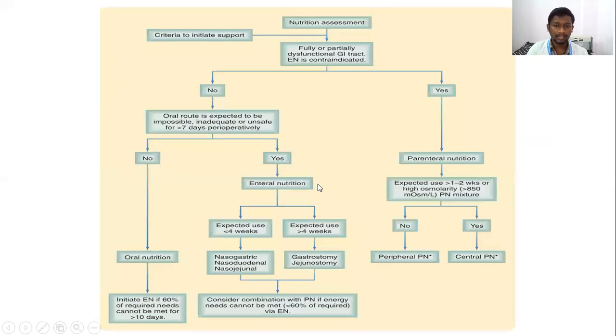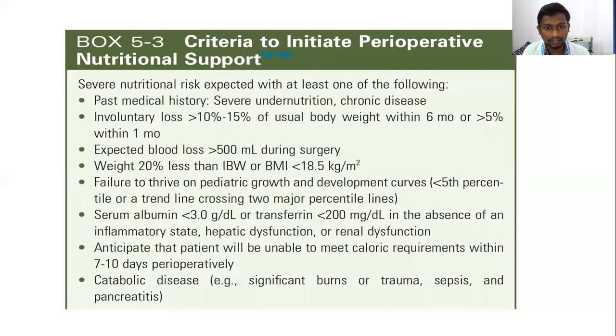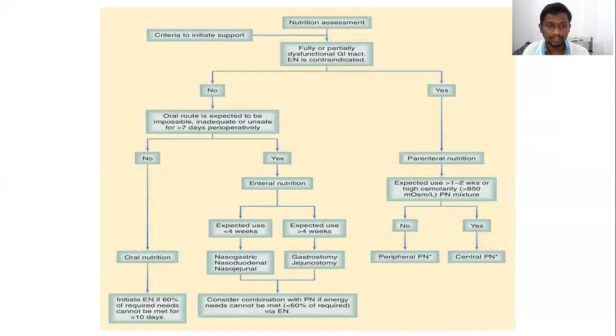This is the last slide anyway. After nutrition assessment, if he fulfills any of the criteria to initiate support, as we saw in the box before, then depending on how the GI tract is functioning, if it is not functioning or is contraindicated, you can go to the parenteral route.